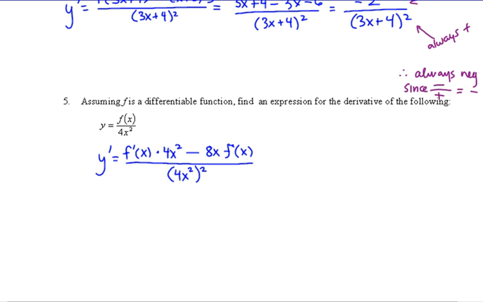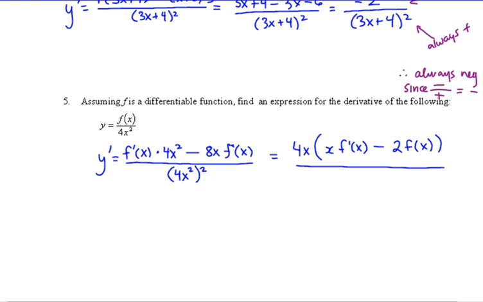I probably would. So what can we do to the numerator? Is there anything we can factor out? 4x. We can factor out a 4x. I'm just going to move this to the front. If we factor out a 4x from 4x squared, what are we left with? x. So x times f prime of x minus, if we factor 4x out of 8x, just 2 f of x.